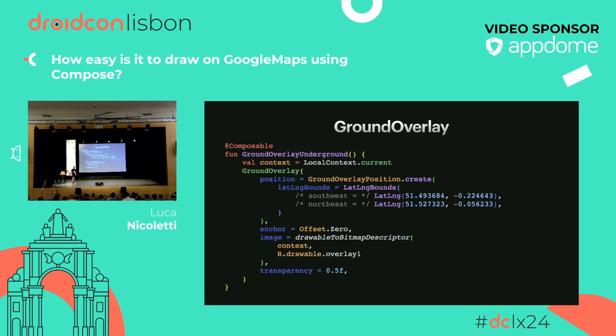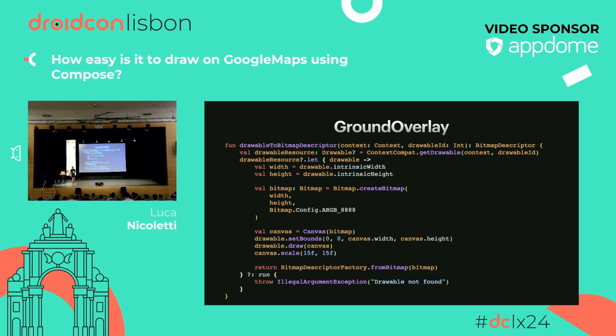And the image is basically using the same function that I showed you for the custom marker icon at the beginning. The only difference here is that I'm scaling the canvas to match the size of the actual image on the map.